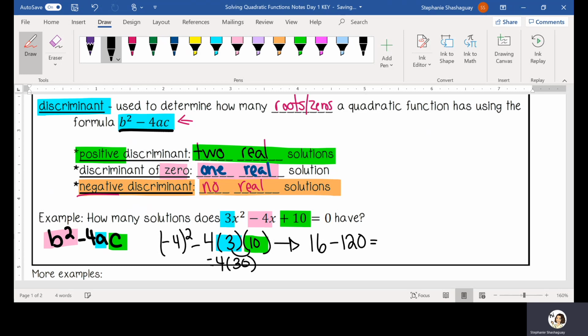And that's going to equal a negative 104. So because this answer is negative, how many solutions do we have? No real solutions.